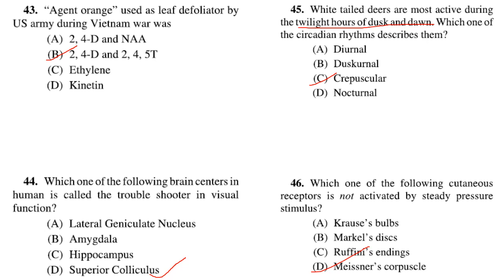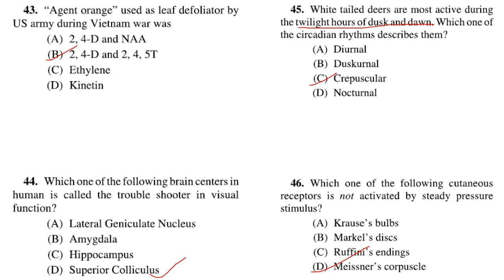And nocturnal, animals that sleep during the day and are active at night are called nocturnal. Here they have told they are more active during twilight hours of dusk and dawn. So the circadian rhythm describing them is crepuscular. Answer is C because it refers to twilight, the time shortly before sunrise and after sunset.